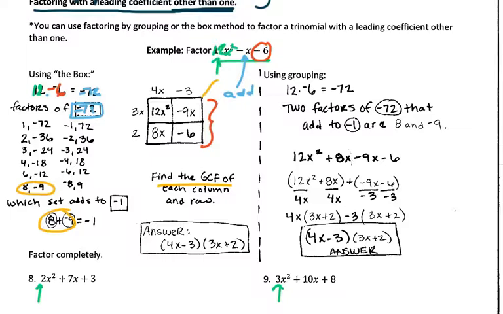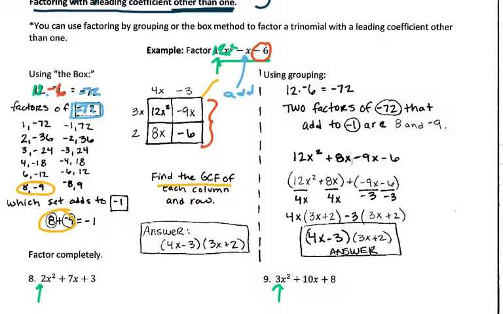As we look at the next piece, 8 and negative 6 has a 2, and then 3 from 12 and 9, and an x of a power of 1 comes out front. Ultimately, our answer is going to be these pieces that are outside on these sides. Notice 4x minus 3 ends up being one of our factors, and 3x minus 2 is the other factor.